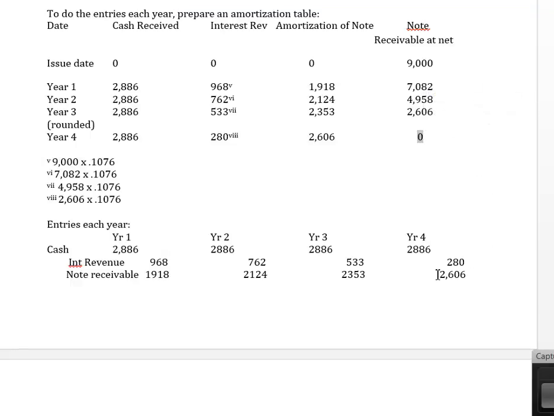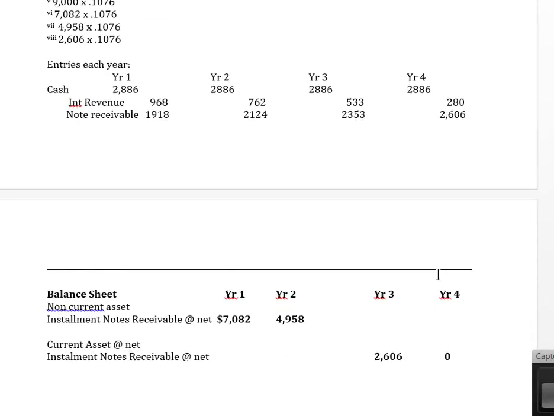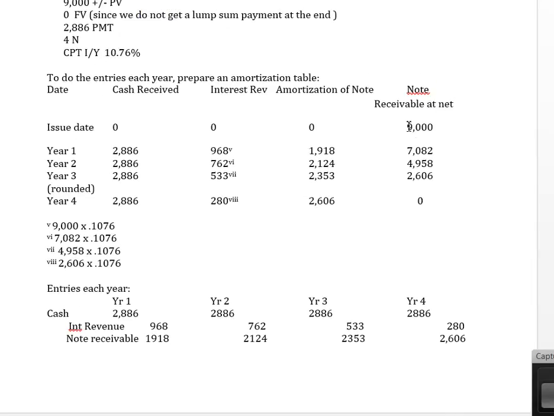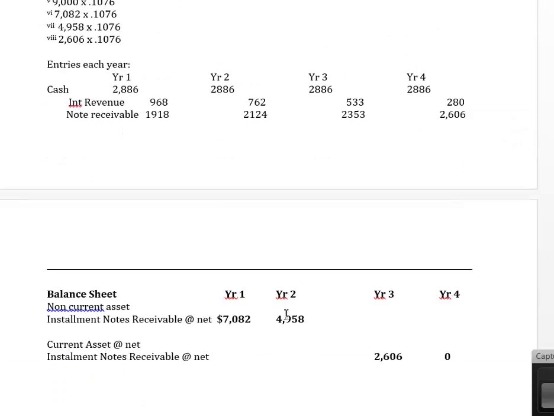Right? So now what's going to happen is if we look at the balance sheet, again, just as we saw in year 1 and 2 in example 1, because the note isn't due till the end of year 4 to be paid in full, the note receivable in our net column at the end of year 1 and the end of year 2 is going to be non-current, because we have 4 years to go until it needs to be paid in full.